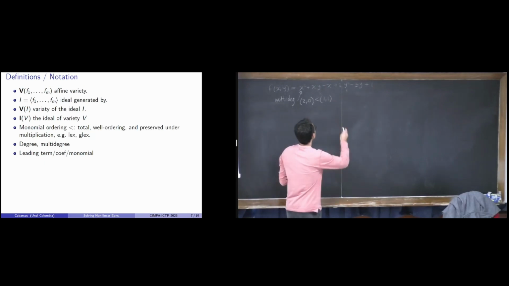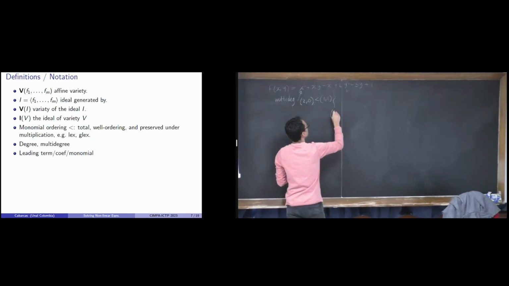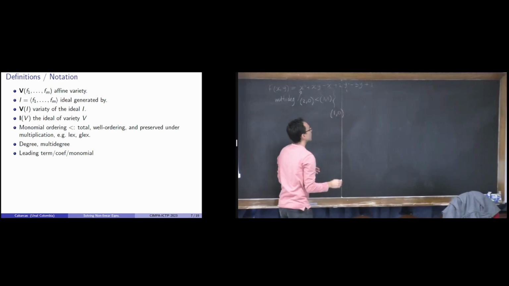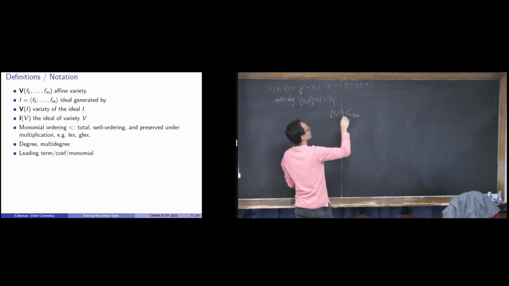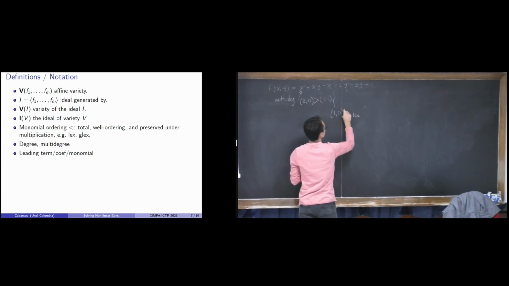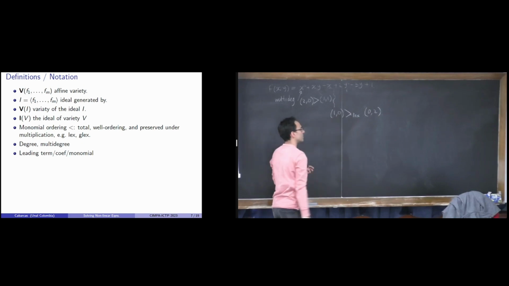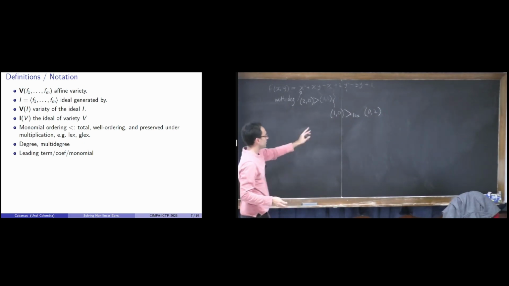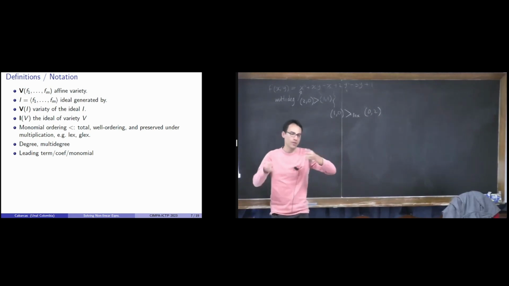So for example, here, x, which is (1, 0), in lexicographic order is greater than (0, 2) in lexicographic order. But in graded lexicographic, the order will be inverse because this one has degree 2, and we're ordering first according to degree.